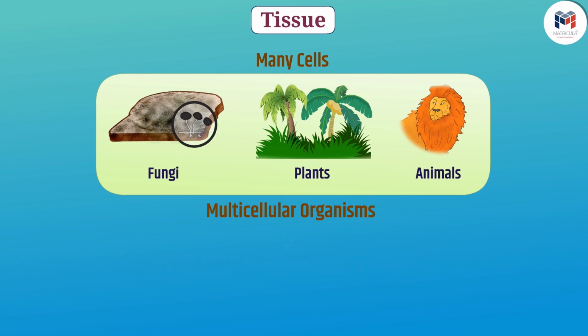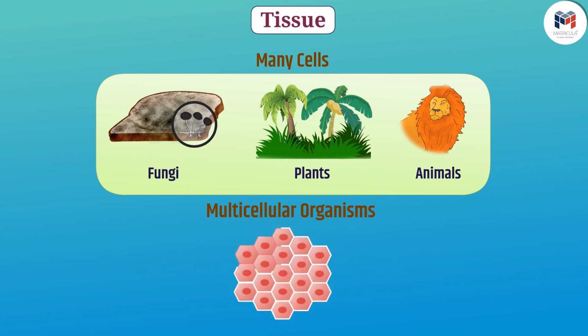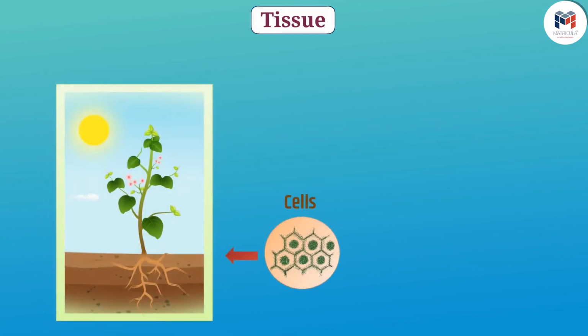In such organisms, cells form different groups, in which each group performs a specific function. For example, in plants, the cells of conducting vessels transport food and water from one place to the other.